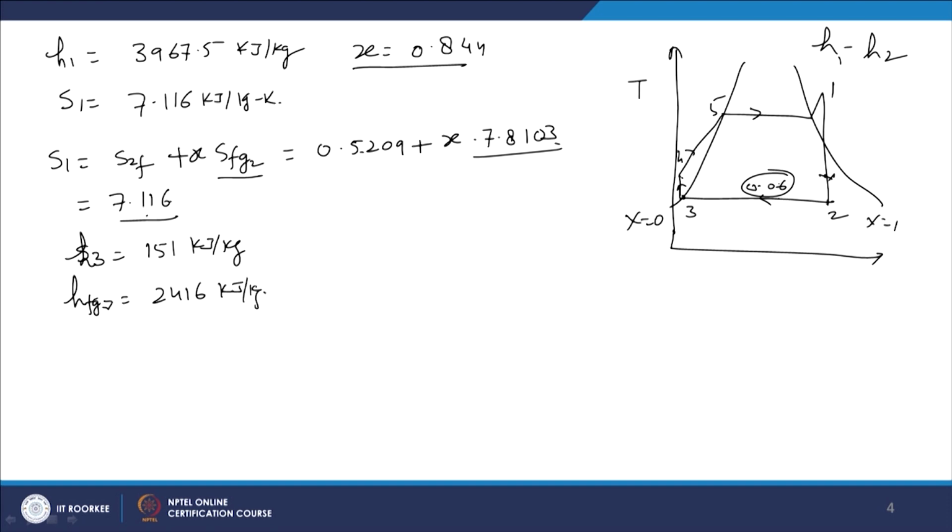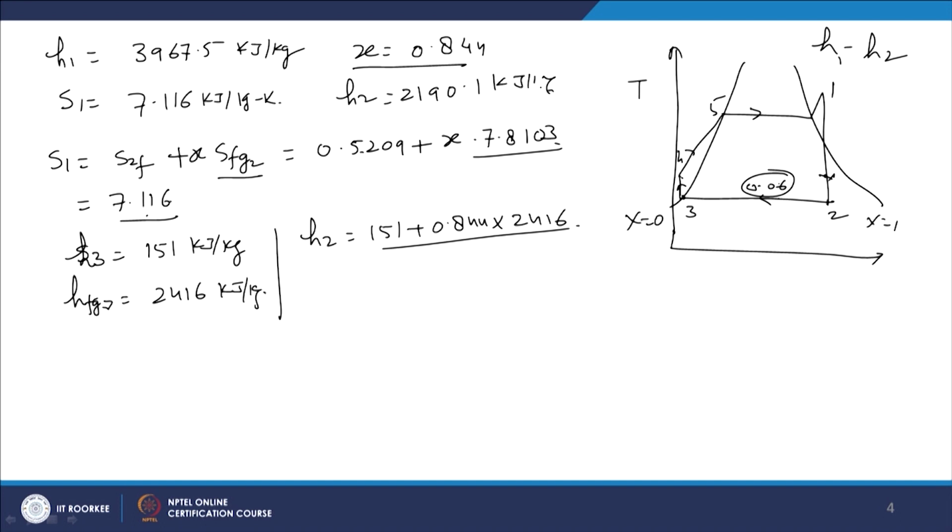Now, using these values, we can find the value of H2 as 151 plus 0.844 multiplied by 2416, and there we get the value of H2 as 2190.1 kilojoules per kg.